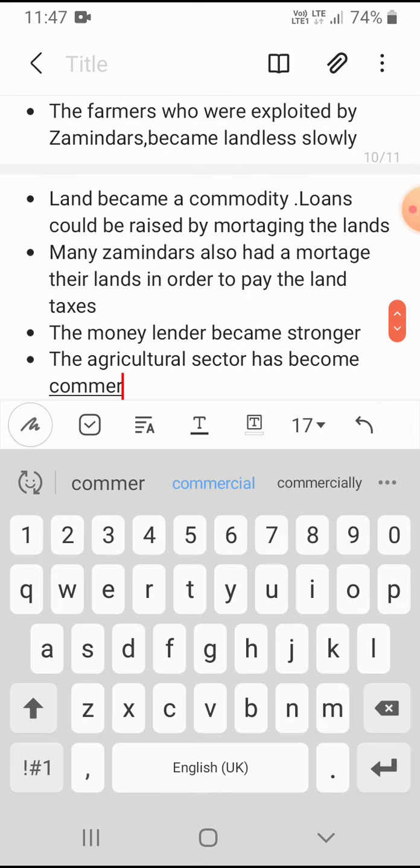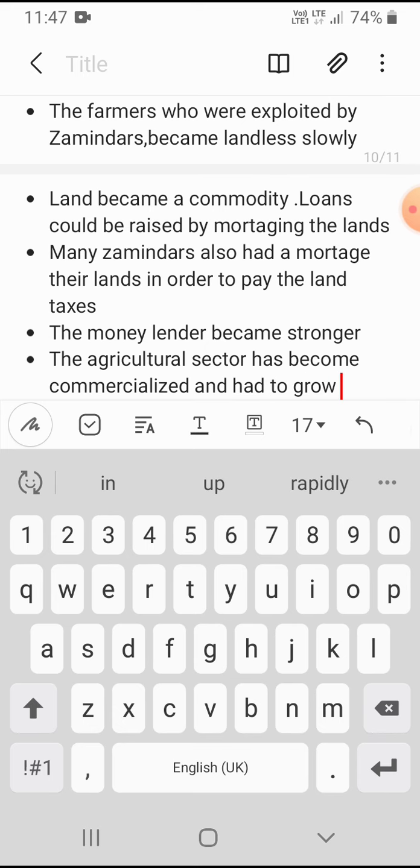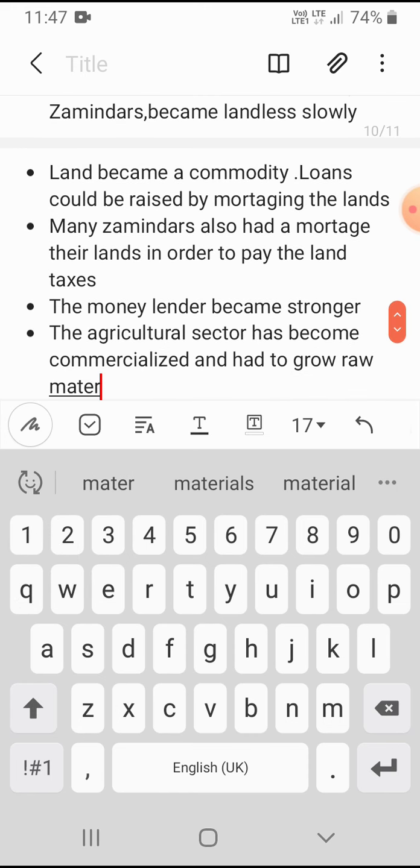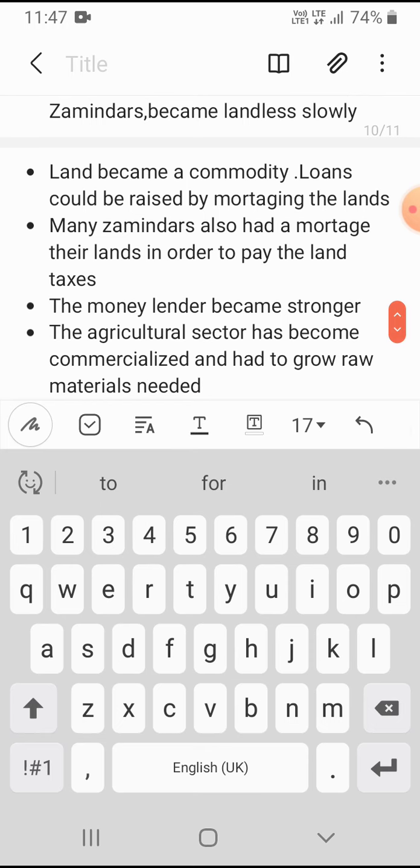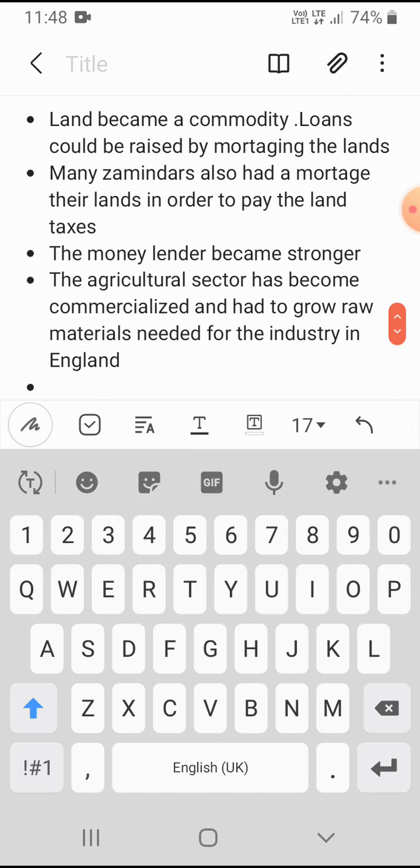Farmers had to grow raw materials needed for the industry in England. Whatever raw material they needed, they were growing.